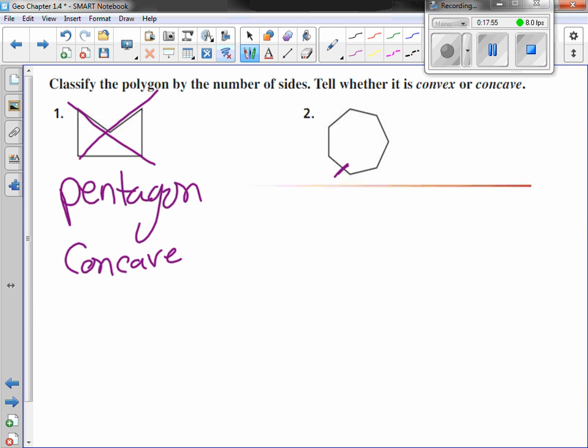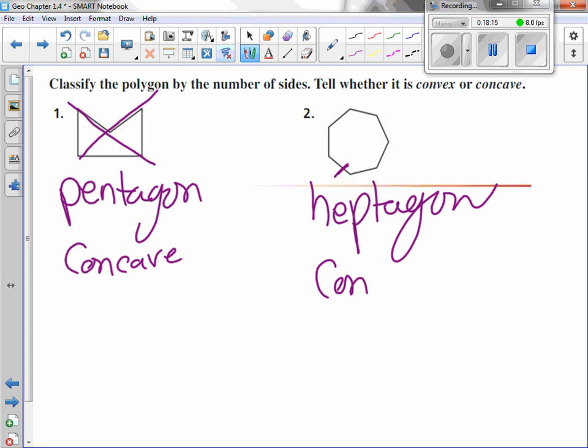If you have trouble counting the sides, sometimes I'll make a little mark for myself to remember where I started when I count around. So 1, 2, 3, 4, 5, 6, 7 is a heptagon, and it would be convex because there's no line that I can extend from the sides that would cut into the middle of it.